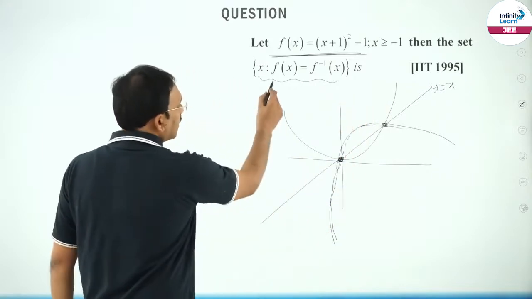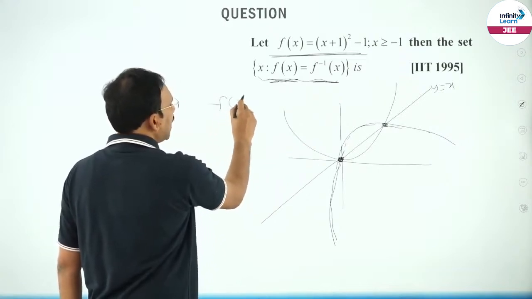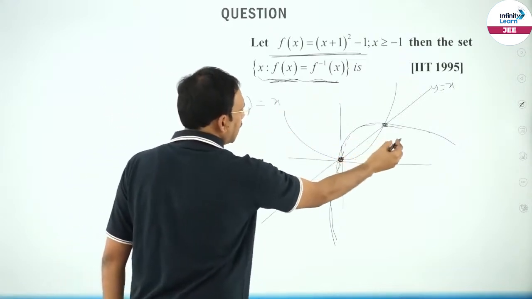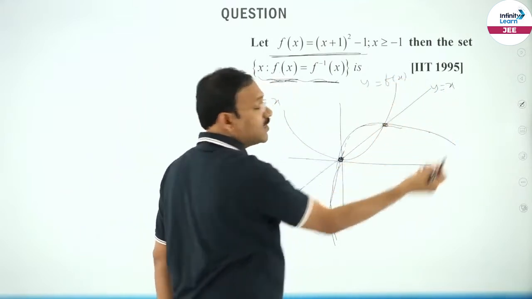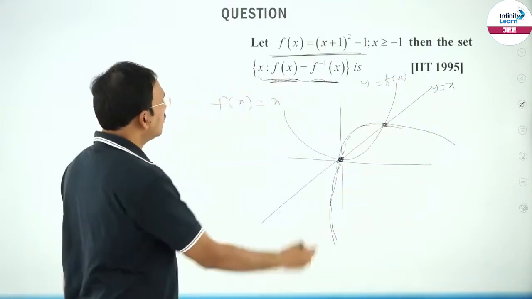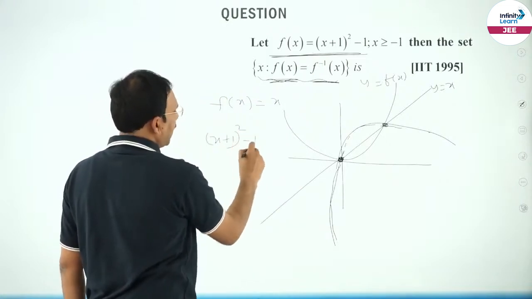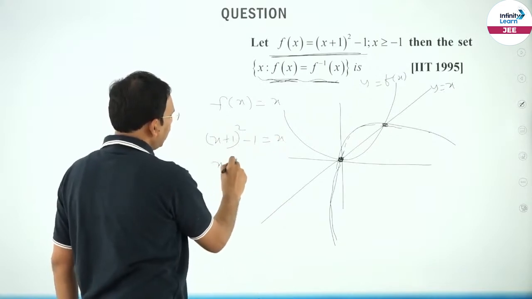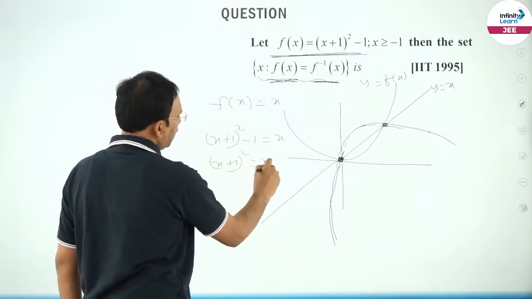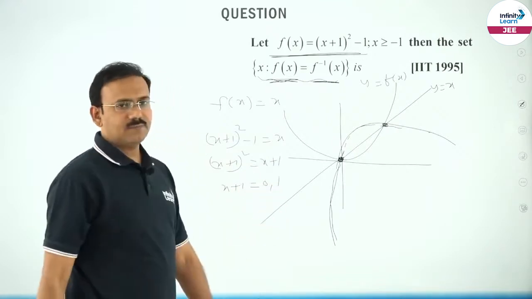So, instead of solving f of x equals f inverse of x, it is enough if you solve f of x is equal to x, because this is y is equal to f of x, this is y is equal to x, right. You just solve f of x, x plus 1 whole square minus 1, is equal to x. So, x plus 1 whole square is equal to x plus 1. So, x plus 1 is 0 or 1.